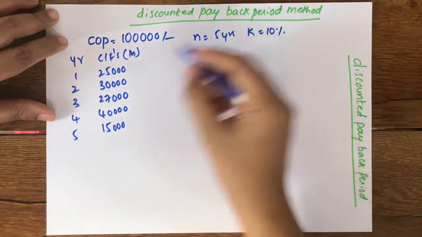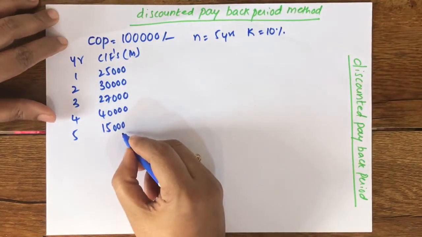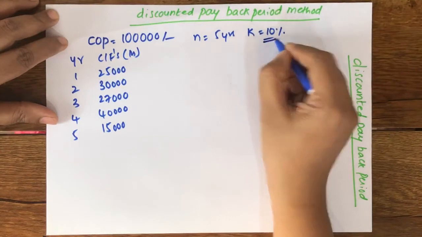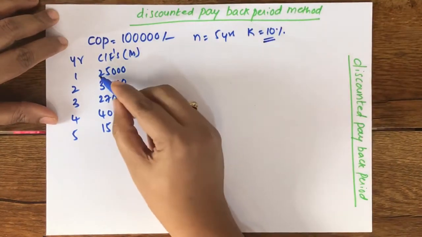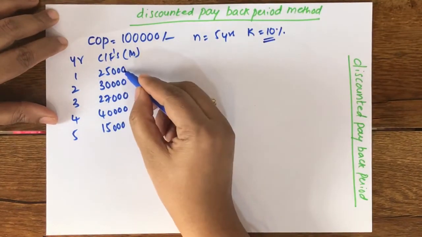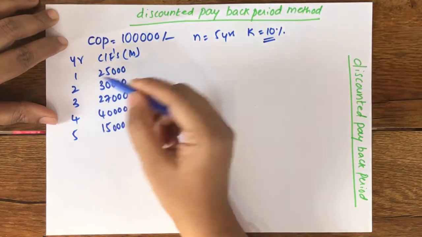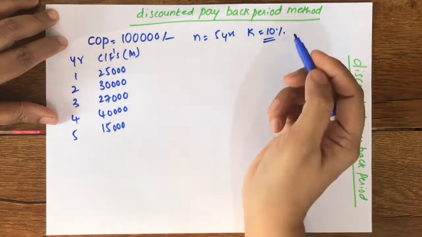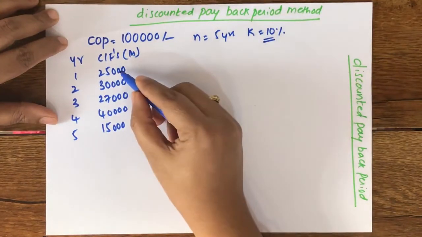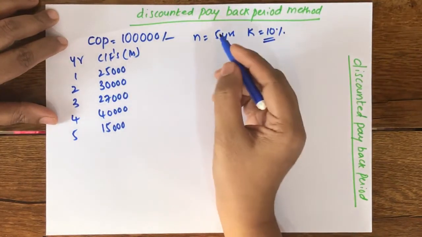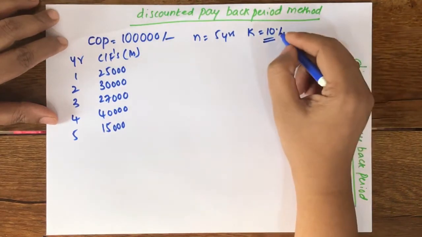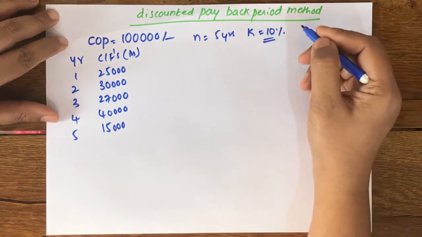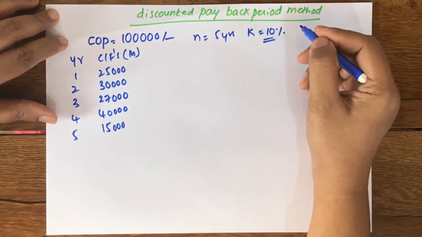It means that all these cash flows, first we will convert into their present value, because we are getting these amounts at different periods. 25,000 rupees we receive after 1 year, and 30,000 rupees after 2 years, and so on. Therefore, first we have to convert all these cash inflows into their present value by discounting at the 10% cost of capital or hurdle rate.